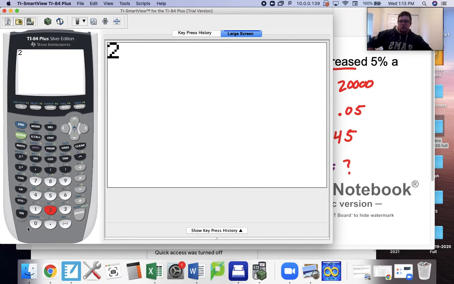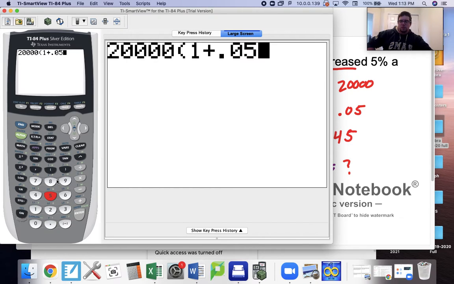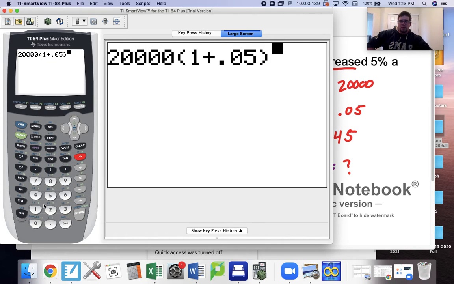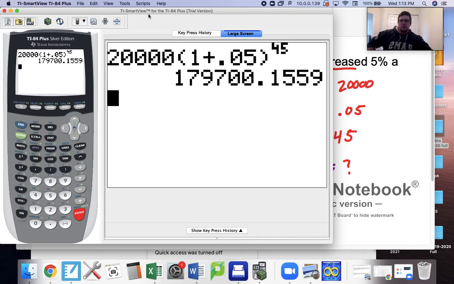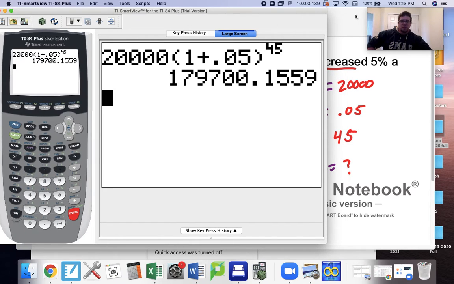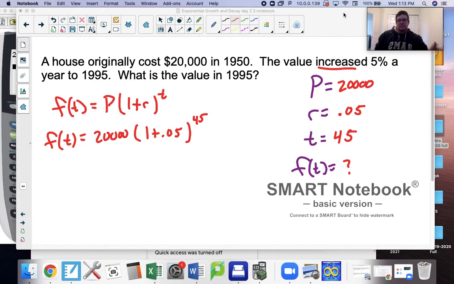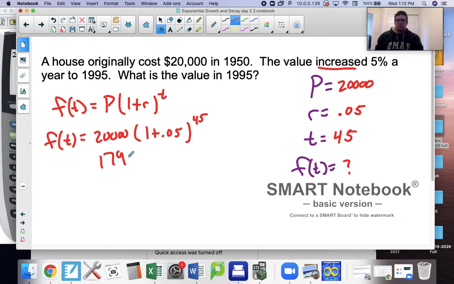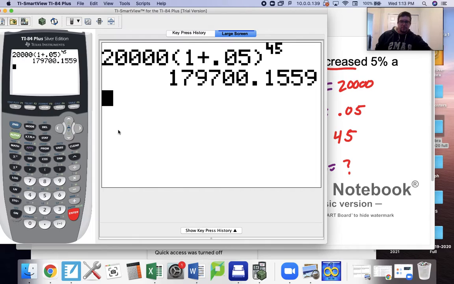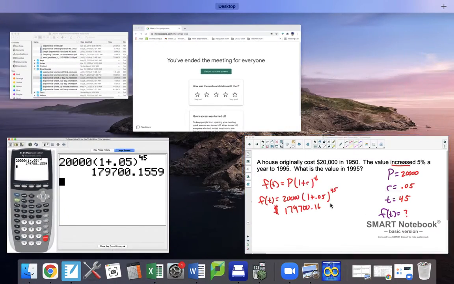And I'm going to take 20,000, 1 plus 0.05, and I'm going to raise it to the 45th power. So after 45 years, that $20,000 house is worth $179,716. About $179,700. Good.